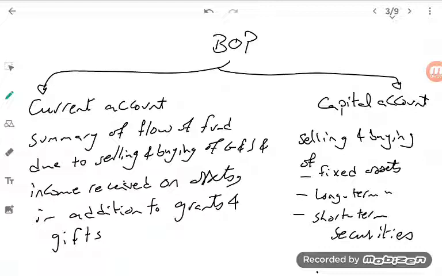So the capital account is related to all types of assets, whether financial assets or fixed assets.